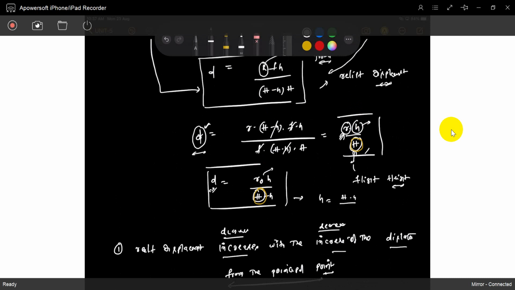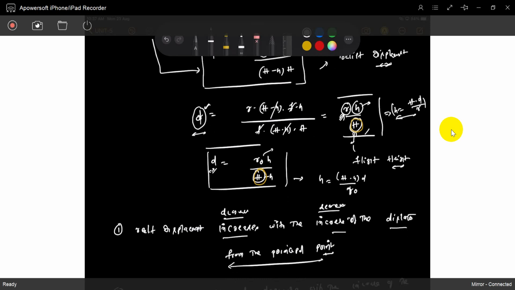Height is h equals d times H divided by r, that is, h = dH/r. From the relief displacement, you can find out the height of the object.